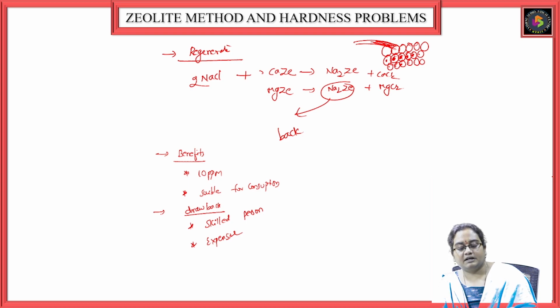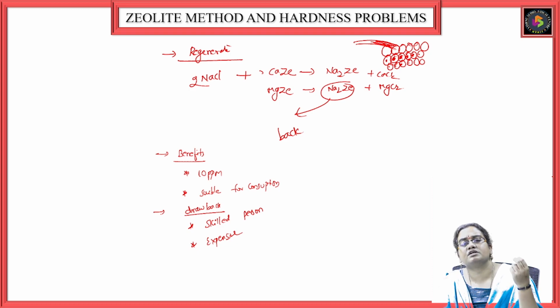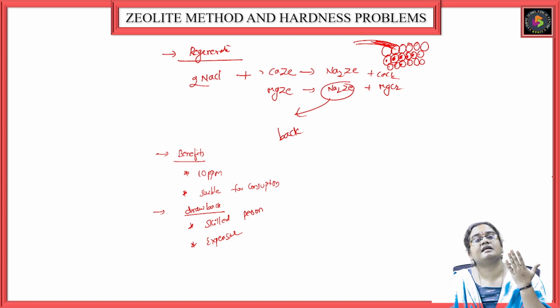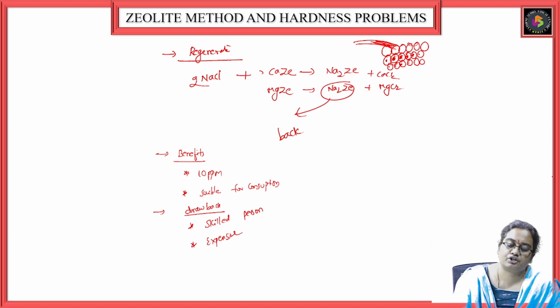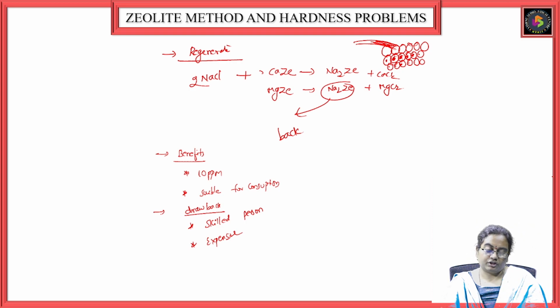The benefit is the residual hardness is only 10 ppm, which is very suitable for consumption purpose. And the main drawback is they need skilled assistance and it is very expensive. This is about your zeolite process. Now move on to the problems.